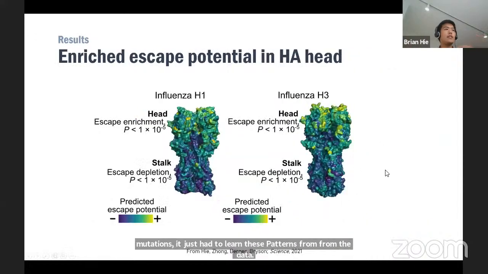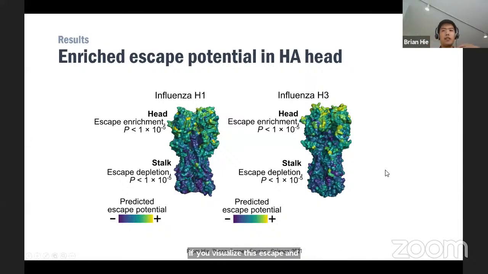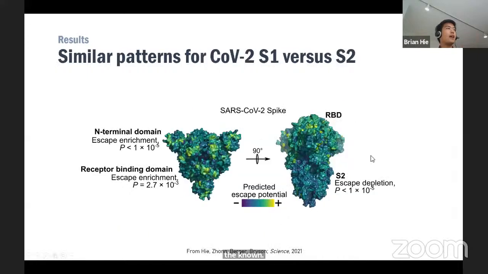If you visualize this escape enrichment on the three-dimensional structure of these surface proteins, you see that there's a lot more escape potential in the head of influenza hemagglutinin, for example, than the stalk region. And this is consistent with the known escape strategy of influenza. And for SARS-CoV-2 spike, if you train a spike language model, we again see significant escape potential in the receptor binding domain and the N-terminal domain.